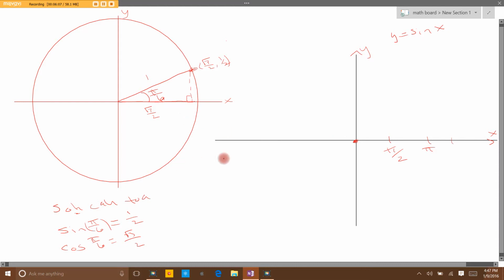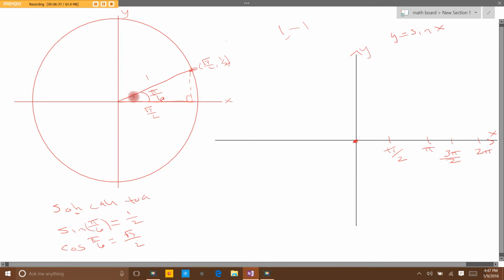So pi, and then 3 pi over 2, I think that is? I always forget. If I mess up, my bad. Okay, so we have our 4 points. And we know that the maximum points sine and cosine are ever going to reach are just 1 and -1. Why is that? Well, like we just said, at 0, sine is 0, but cosine is 1.